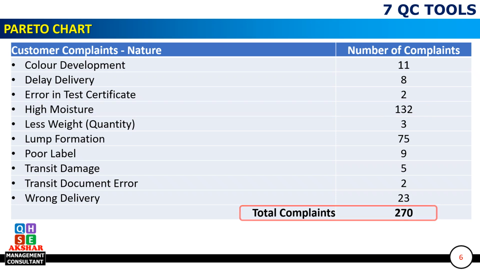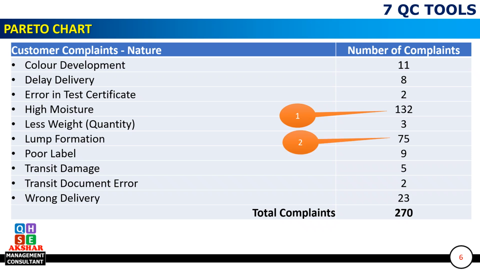The total 270 complaint data are counted. The first highest number is 132, pertaining to high moisture. The second highest number is 75, pertaining to lump formation. The third highest number is 23, pertaining to wrong delivery, and so on.